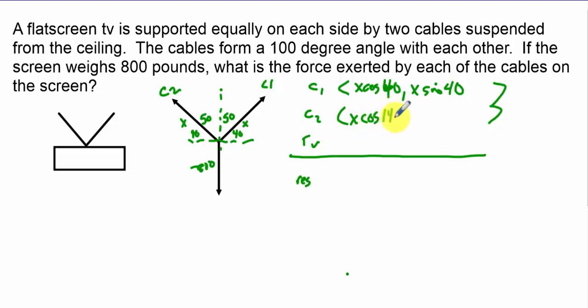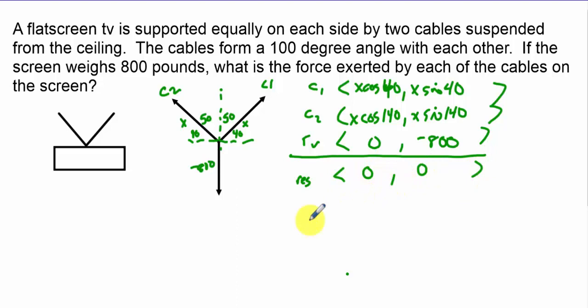Now notice the angle, I'm going to put 140, and that same unknown radius times the sine of 140, and then the TV, because it's hanging straight down, there's no horizontal force in the rectangular form, just a vertical force of negative 800. And then by static equilibrium, these both have to equal 0.